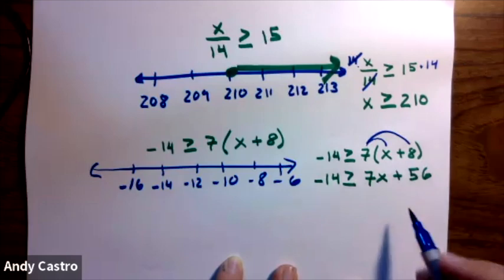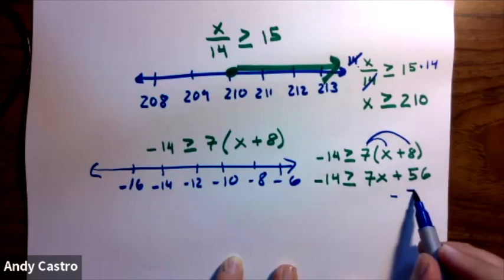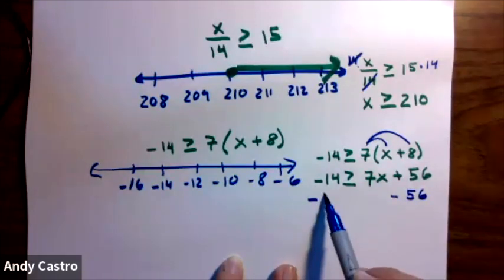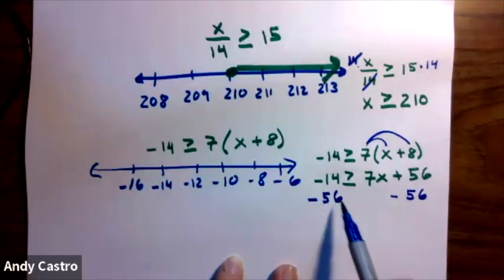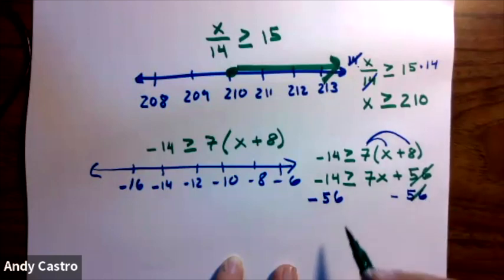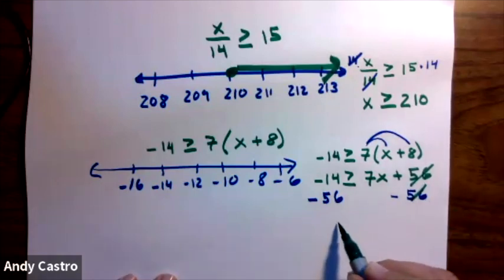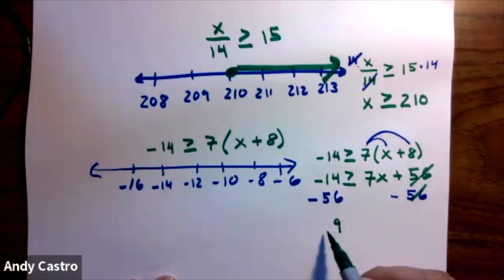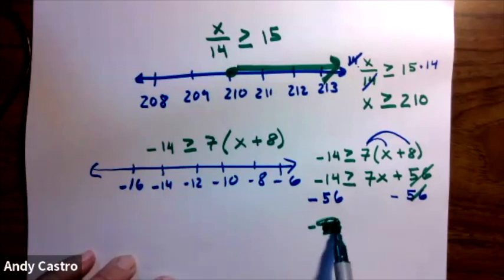Now I'm going to subtract 56 from both sides of my inequality. That's going to be 70.